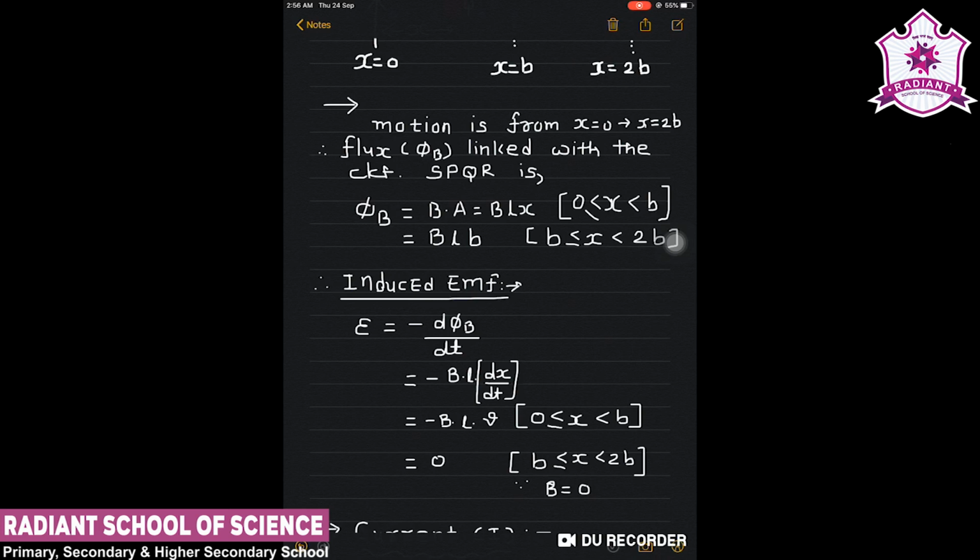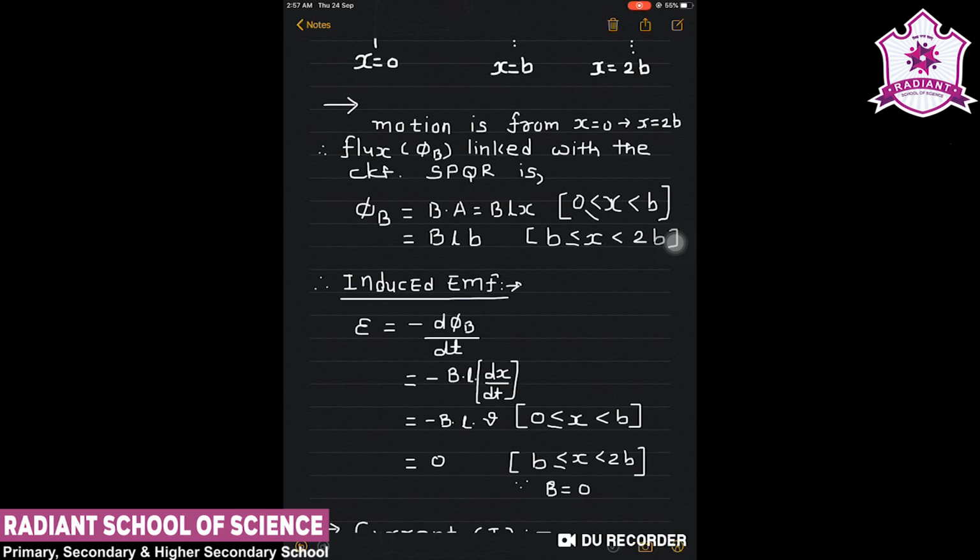So here we can say that the induced EMF in the magnetic field is equal to minus BL dx/dt. As we know that dx/dt is velocity, we can simply write that EMF is equal to minus BLV for the condition between 0 and b, and the EMF will be 0 for the condition outside, that is b to 2b.